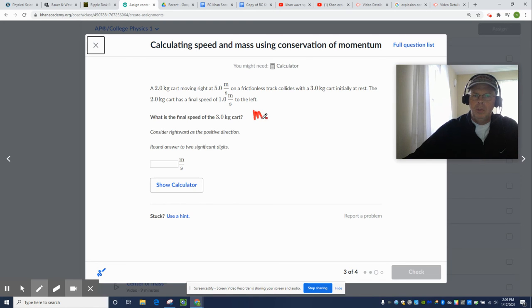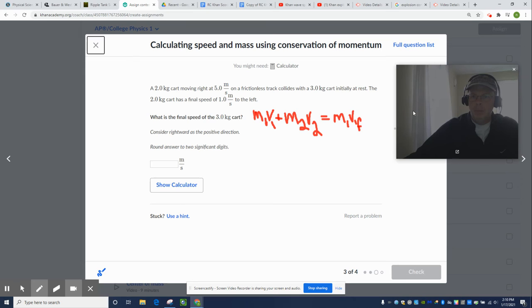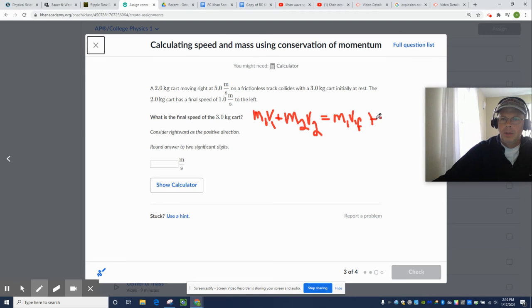We're just going to do m1v1 before the collision plus m2v2 before the collision, is m1v1 final after the collision, pardon my sloppiness here, plus m2v2 after the collision. All right, so let's throw in what we know.